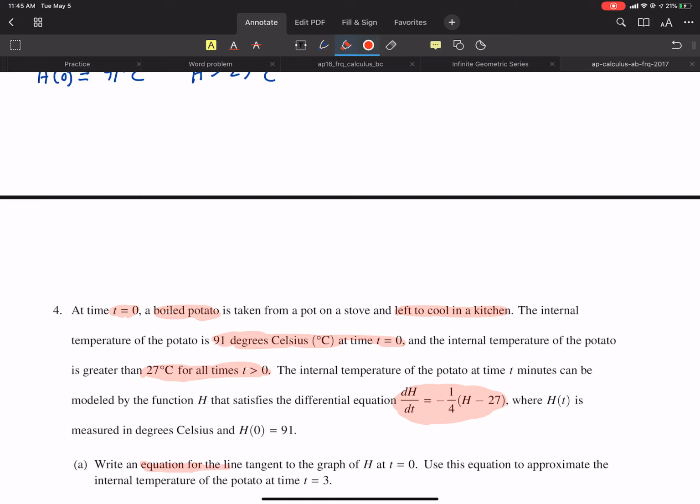So, equation of the line tangent. They could have used a linear approximation instead of saying equation of the line tangent. So we have to immediately do this. y equals, no, not y equals. y minus y1 equals m times (x minus x1). Now, y is your dependent variable, x is your independent variable.